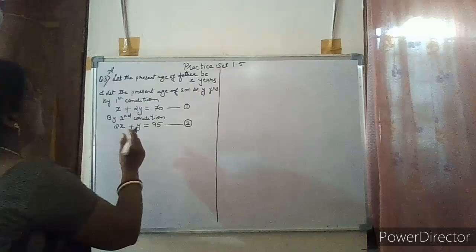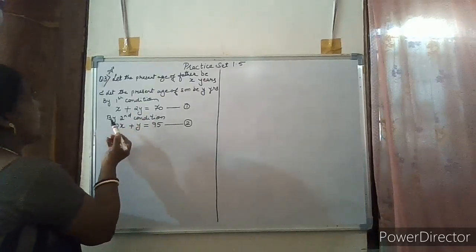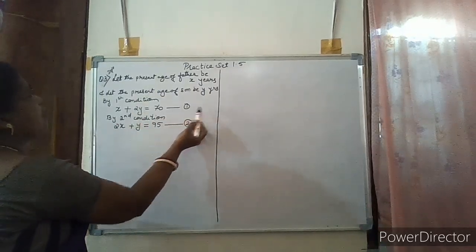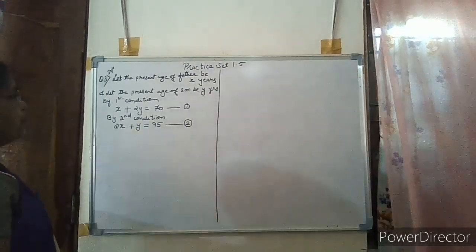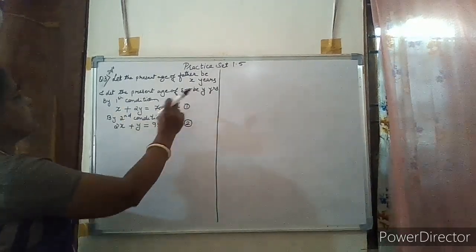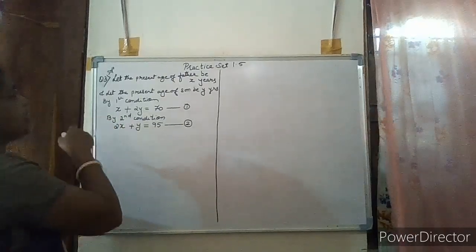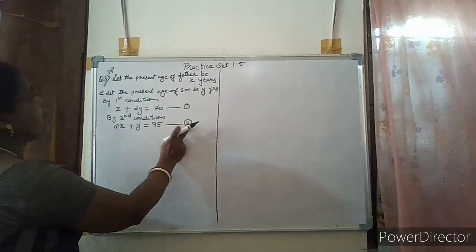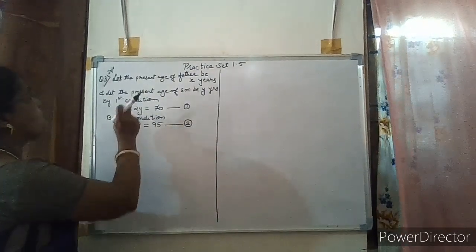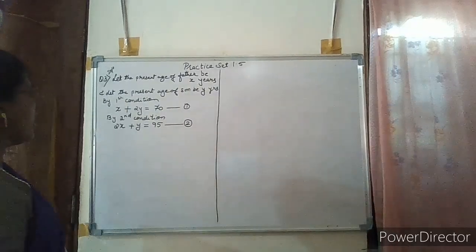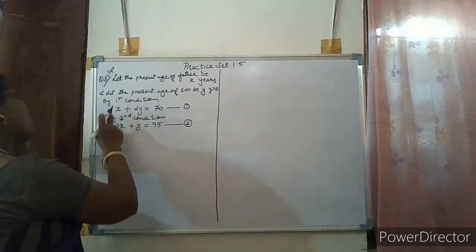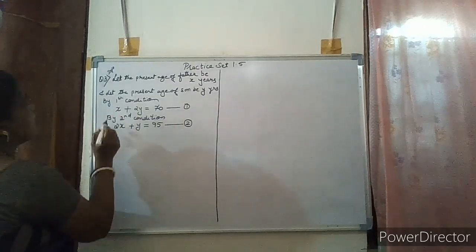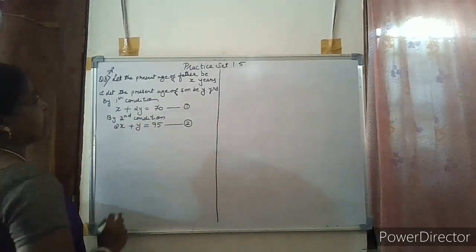Either we can multiply equation 1 by 2 or equation 2 by 2. If I multiply equation 1 by 2, x will get cancelled. If I multiply equation 2 by 2, y will get cancelled. So any one we can do. In both equations here, both are positive, so we have to subtract the equations.